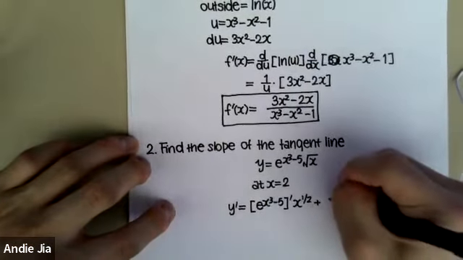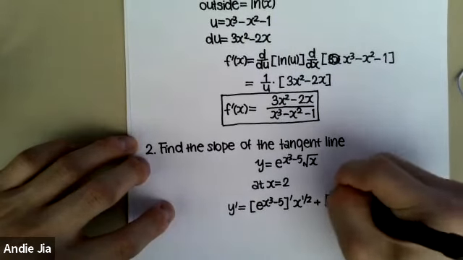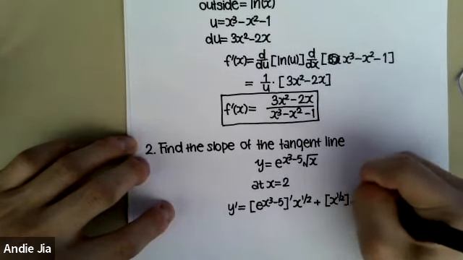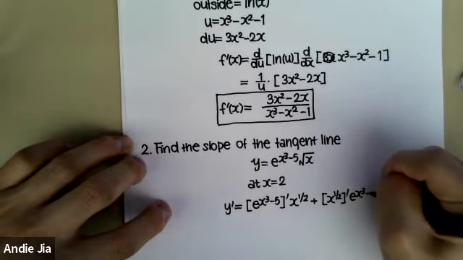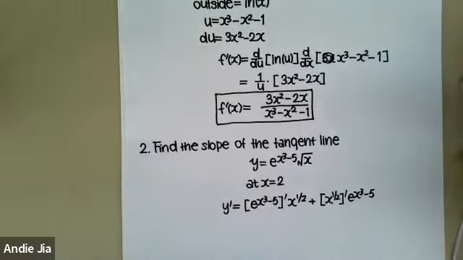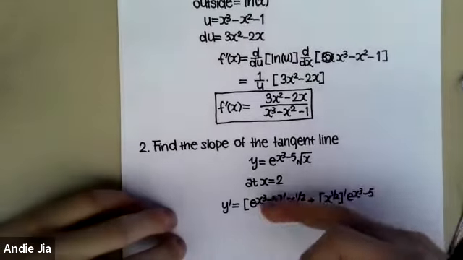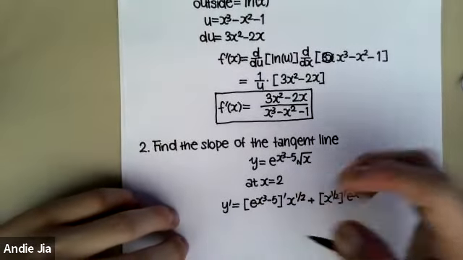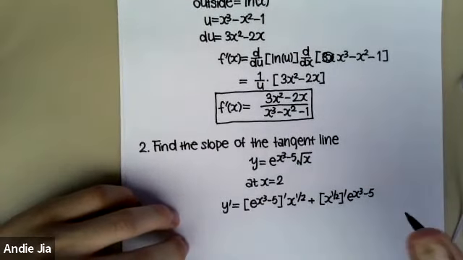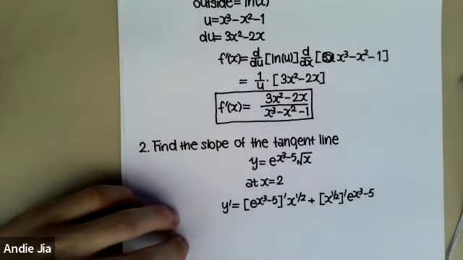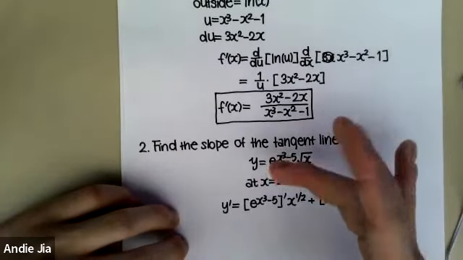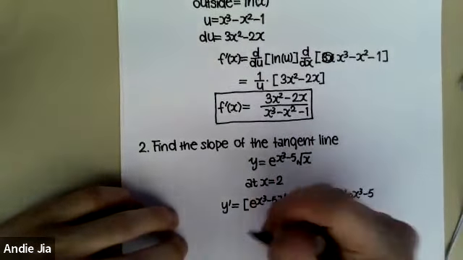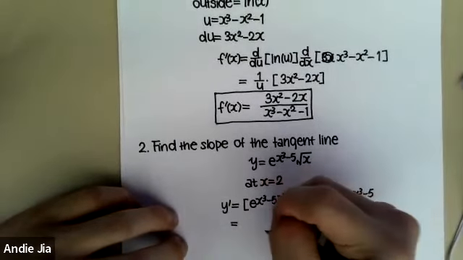Then we add the derivative of x to the 1/2 multiplied by e to the x cubed minus 5. You should use the chain rule again for the derivative of e to the x cubed minus 5.